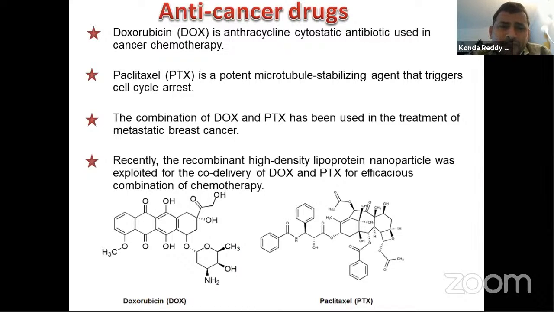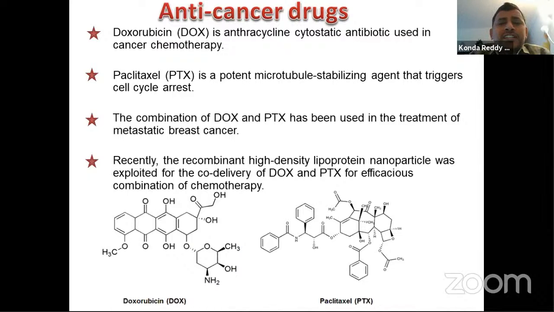There are many papers that have done co-loading, and then they stopped there. But we have shown something different in our study, which I'm going to talk about. We have shown how we can release these drugs in the cancer environment, in the tumor environment.